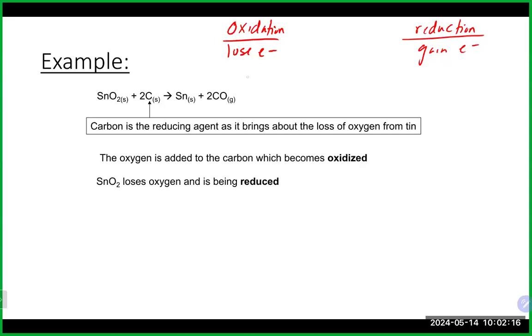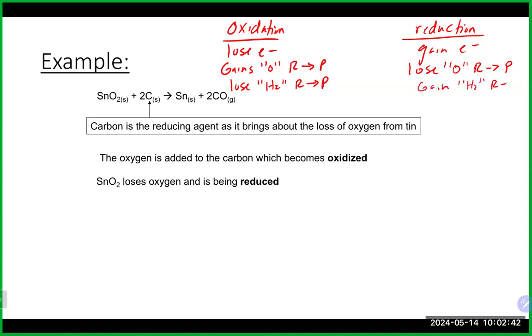Another common oxidation definition is somebody that gains oxygen as it goes from reactants to products, or for a reduction is somebody that loses oxygen as you go from reactants to products. And the last sort of definition is something that loses hydrogen as you go from reactants to products, or gains hydrogen for reduction as you go from reactants to products.